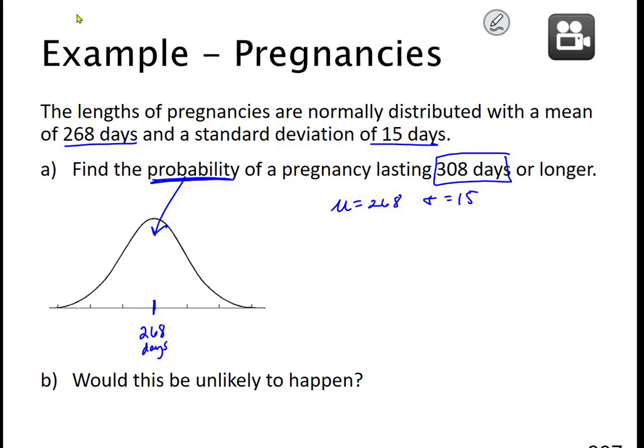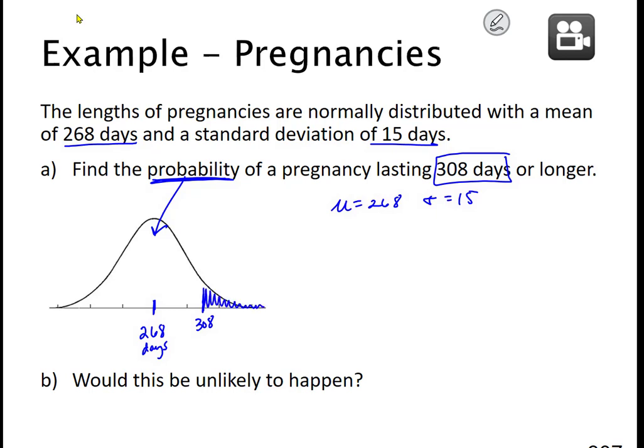Again, hopefully you're seeing these patterns. If they give you data that matches the mu and the sigma, then it's also going to be down here on the horizontal axis. 268 is in the center, so 308 is a little bit to the far right, 308 days. And since it says or longer, we're going to shade to the right.